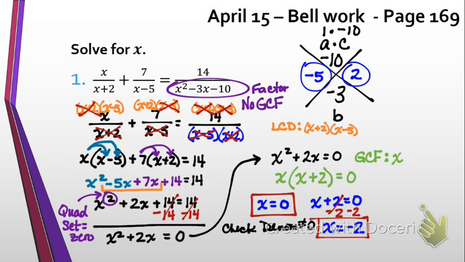So our denominators are X plus 2. That doesn't equal 0. X minus 5. That does not equal 0. Since the other denominator factored to just be those two, I don't have to put it into the third one.